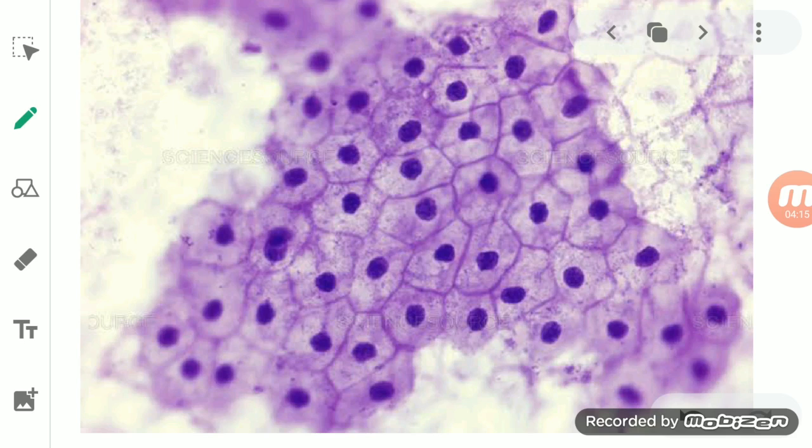It is basically present in the delicate lining of cavities, like in the alveoli. You see students, in the alveoli there is an exchange of gases. Or it is present in the lining of the capillaries. You know that in capillaries there is exchange of food nutrients, due to which oxygen as well as glucose is supplied.